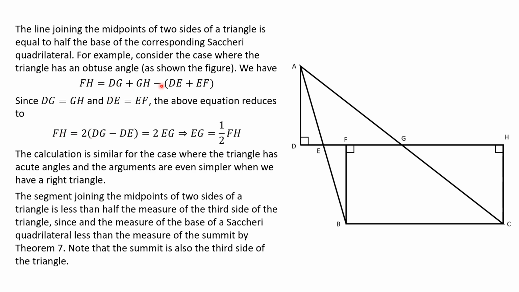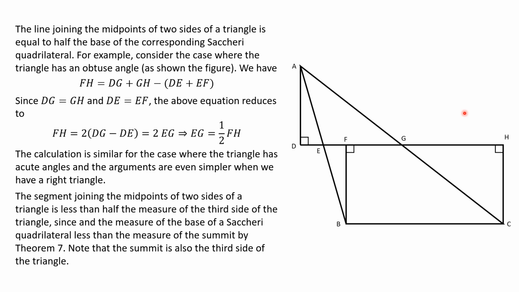And then we just plug these two equations in here, and we get that FH is equal to 2DG minus 2DE. You can write it like this. And DG minus DE is equal to EG, and that's the segment connecting the midpoints. So we can write that as EG equals 1/2 FH. So EG, the segment connecting the midpoints, is equal to half the base of the security quadrilateral associated with our triangle ABC.